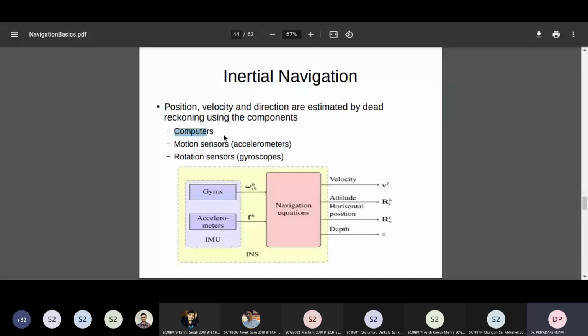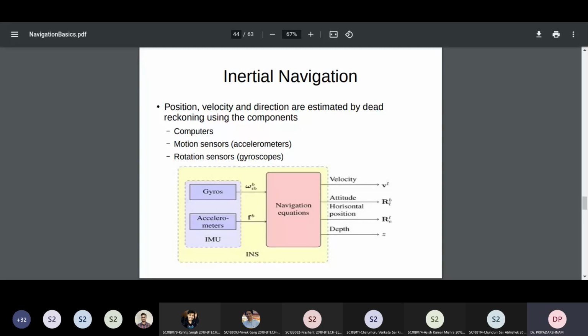Then you have the motion sensors called accelerometers, which estimate the acceleration, and rotation sensors called gyroscopes. You should remember that the accelerometers and rotation sensors do not require any external signals. Without that, they can estimate the acceleration and the rotation rates.